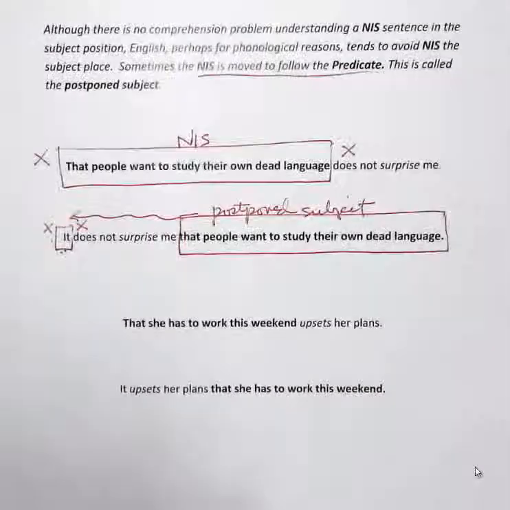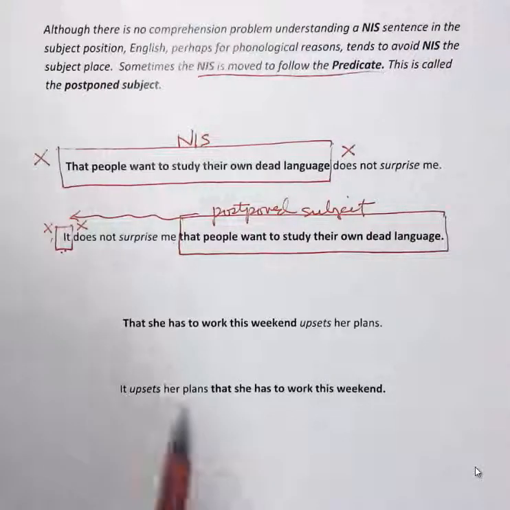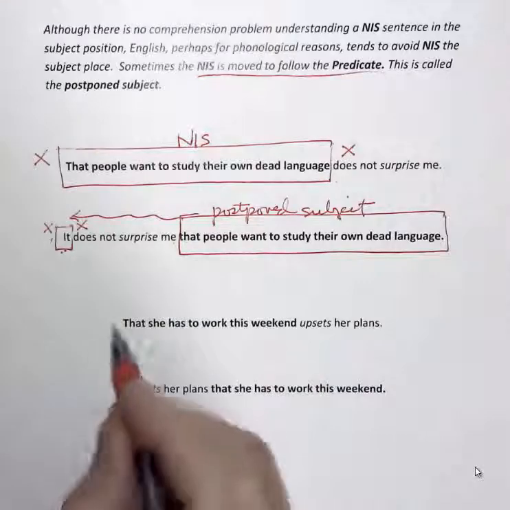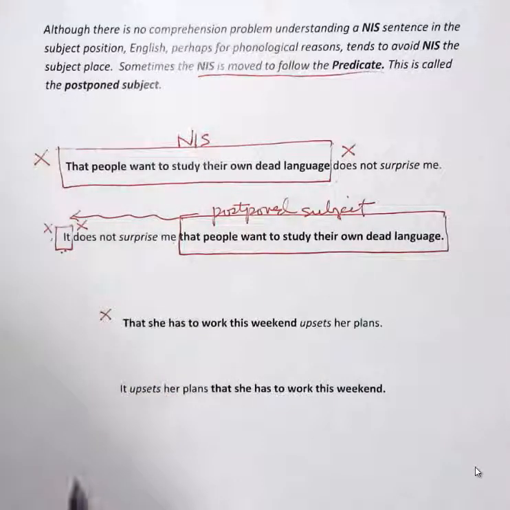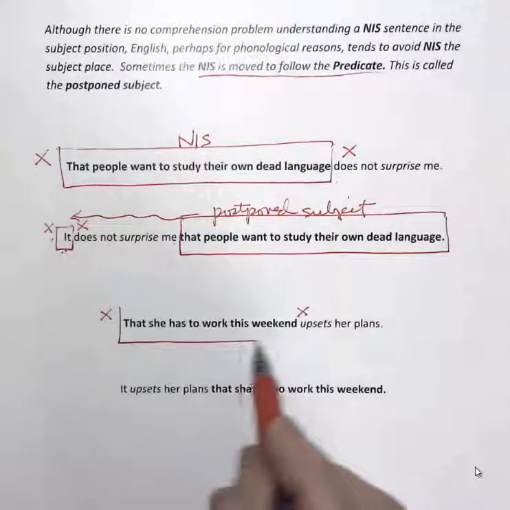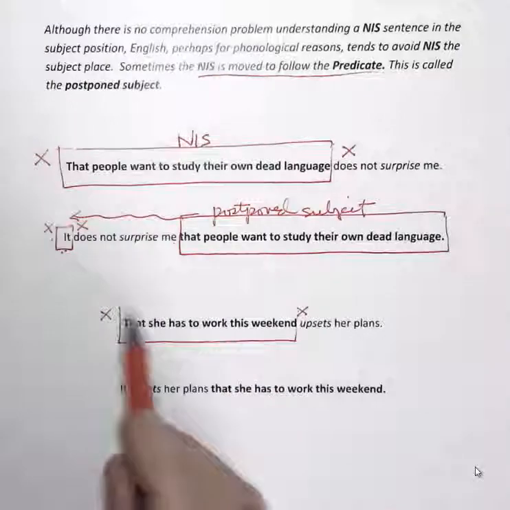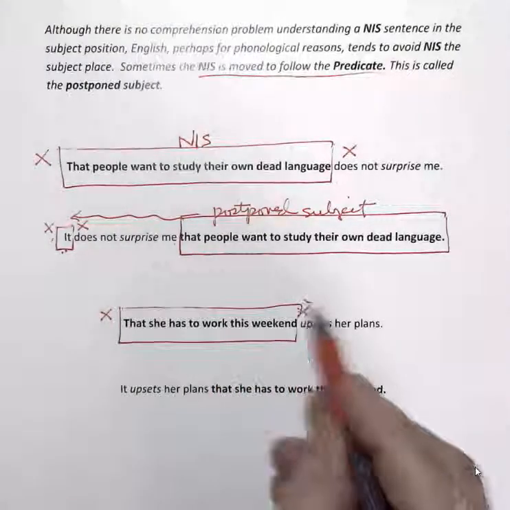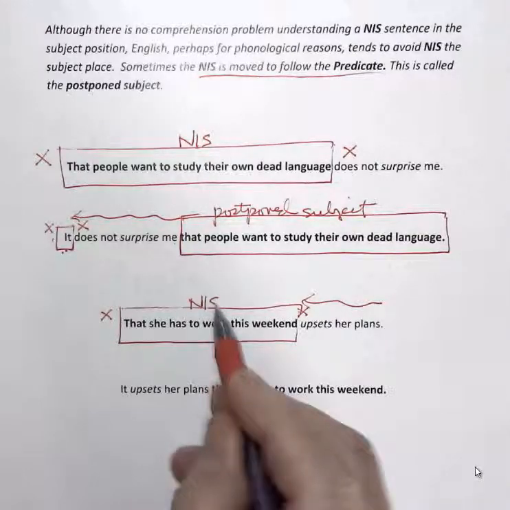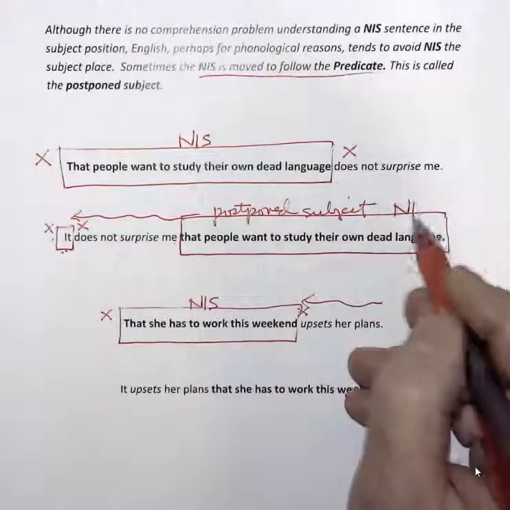Let's take a look at one more example of this. That she has to work this weekend upsets her plans. Does that she has to work this weekend upset her plans? And again, it feels a little bit awkward to say it like that, to ask the question with the included sentence in the subject place. Let me just label all this.